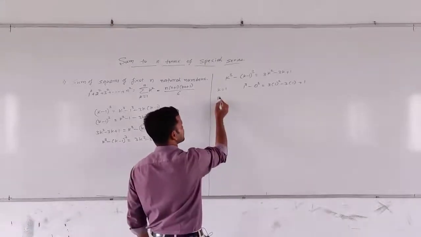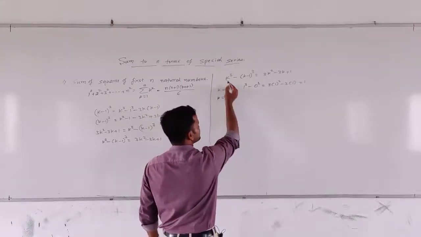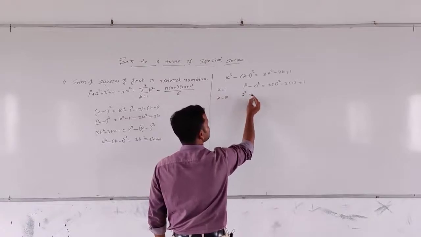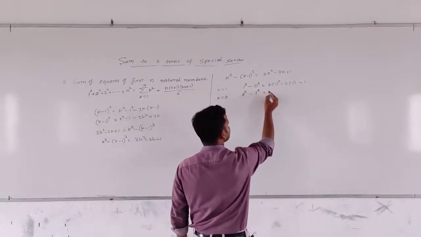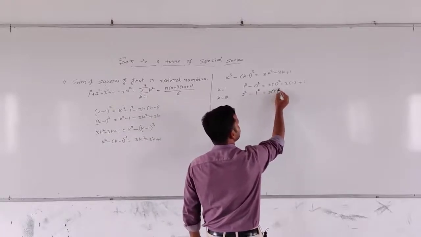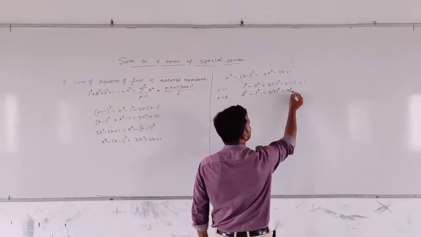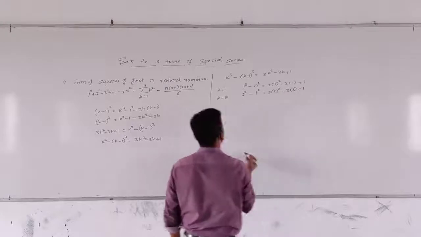Next you substitute k equal to 2. This becomes 2 cube minus of 2 minus 1, 1 cube, which is equal to 3 into 2 square minus 3 into 2 plus 1.